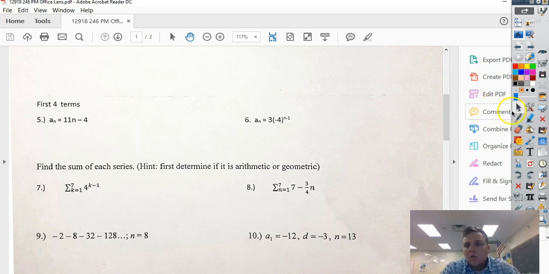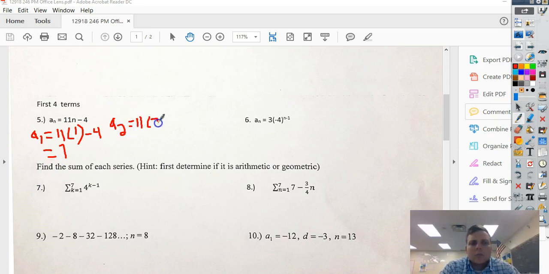If you plug in a 1, you get 11 times 1. So to get the first term, you can just say 11 times 1 minus 4. 11 times 1 is 11. 11 minus 4 is 7. There's our first term. The second term is 11 times 2 minus 4. 11 times 2 is 22. 22 minus 4 is 18.